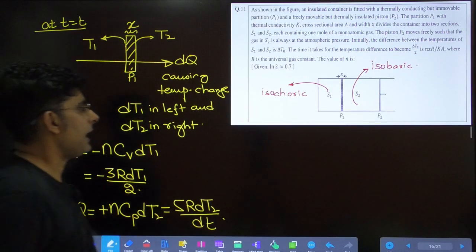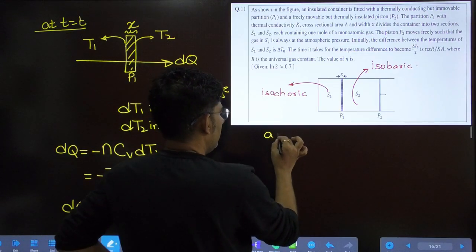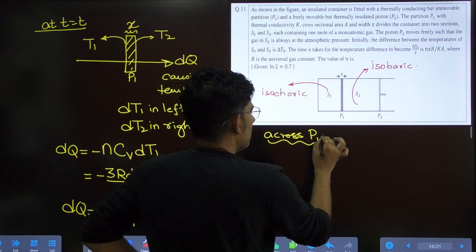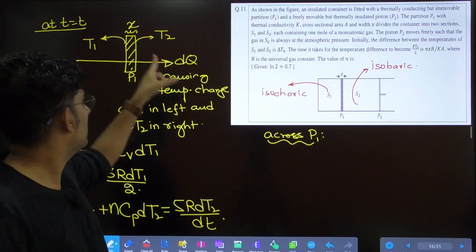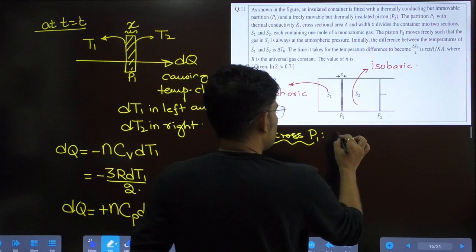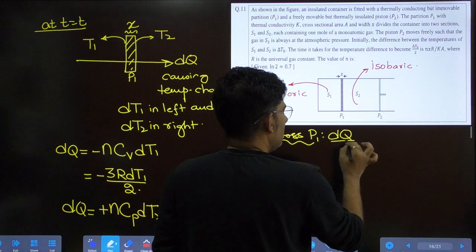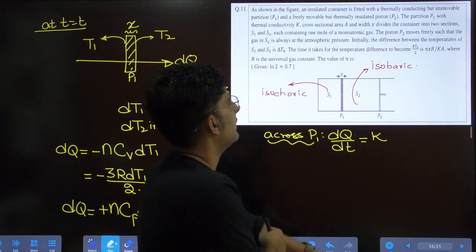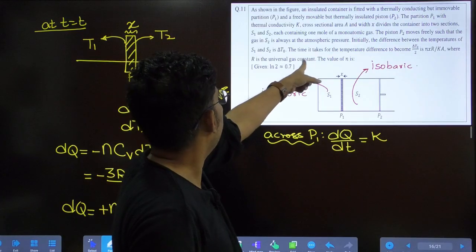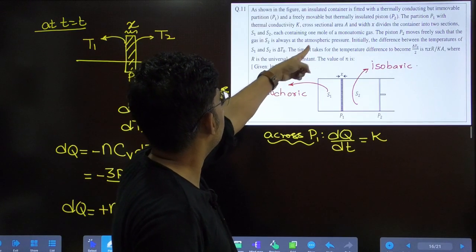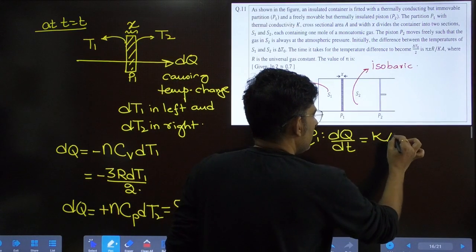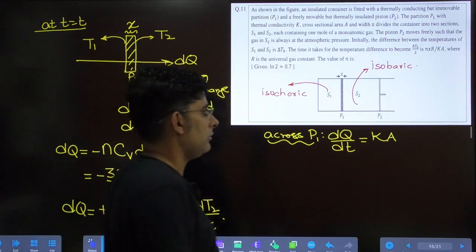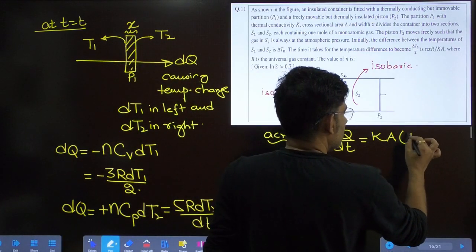Now if you see across P1, when we consider conduction, we know the thermal current dq by dt can be written as K, the cross-sectional area A, T1 minus T2 by the length X. This side is T1, this side is T2, and we have assumed T1 is higher.